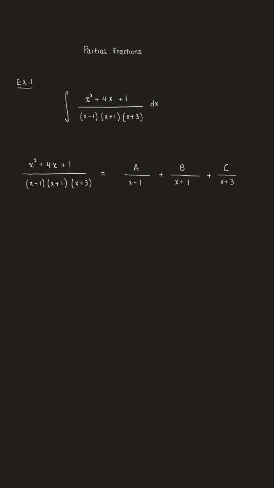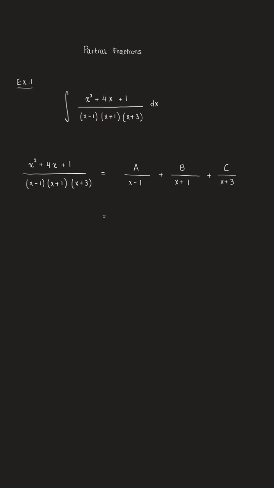Once we find those constants, we can integrate the right-hand side of this equation, which will be much easier than dealing with the left-hand side. I'm going to do it slightly different than it is explained in the PowerPoint presentations. I am going to find a common denominator on the right side, which I know is the product of those three linear terms, and then we're going to equate the numerators.